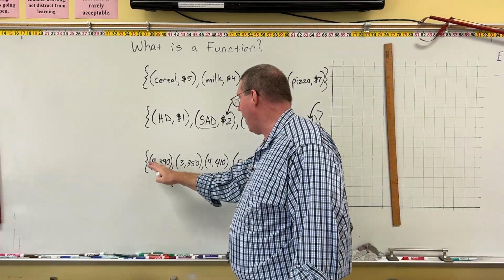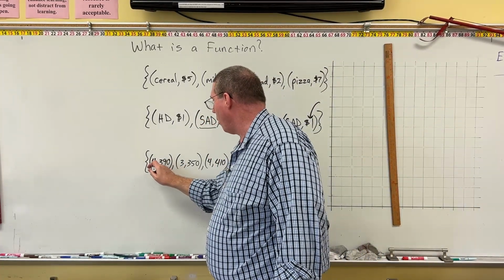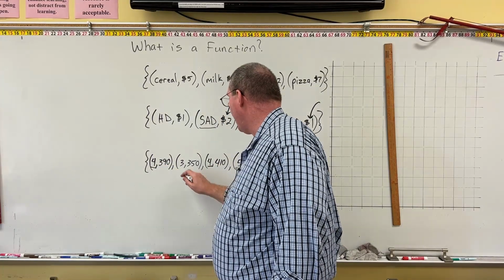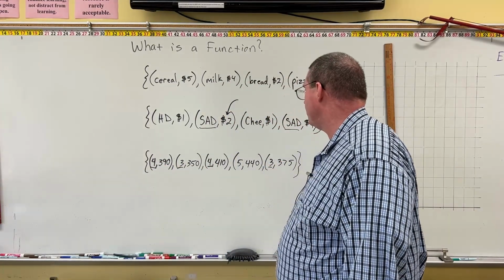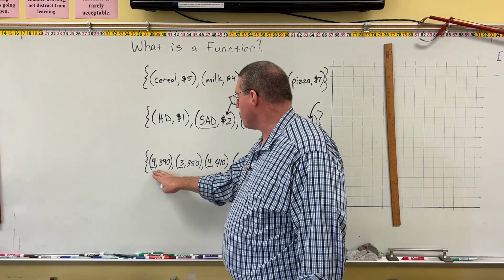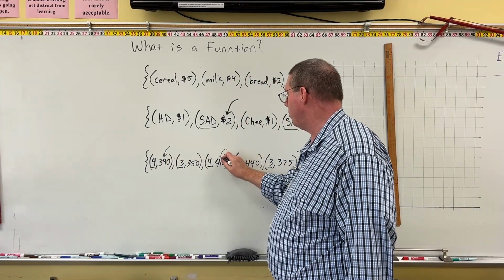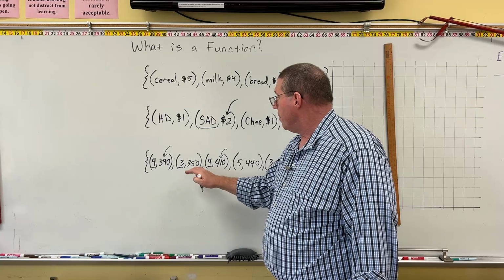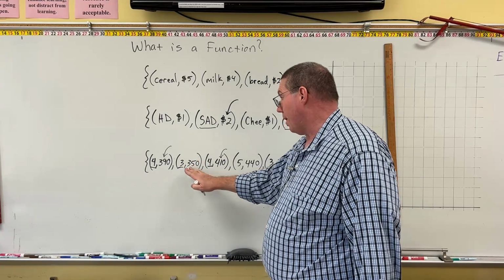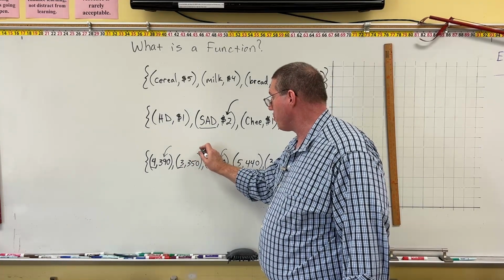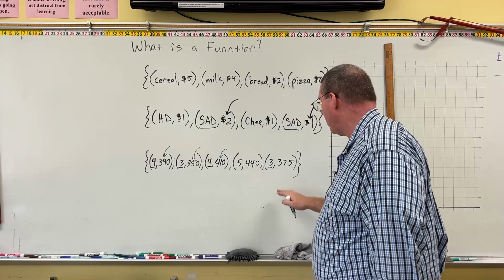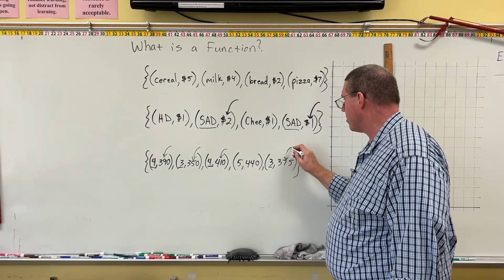And then this one, the houses, we have 4 shows up 2 times, and 3 also shows up 2 times. The first 4 has an output of 390. The second 4 has an output of 410. And that's all we need, but just to push things further, the first time we see 3, it's 350. The second time we see 3, it's 375.